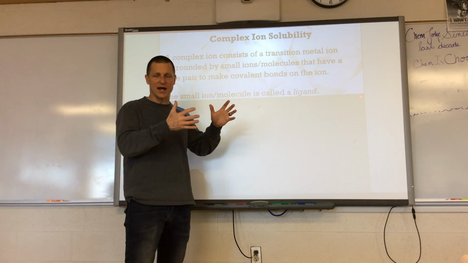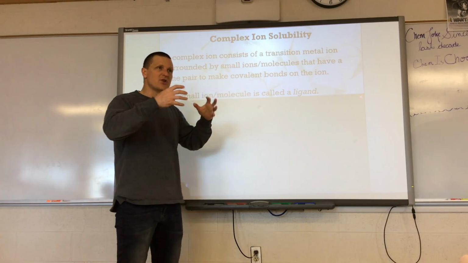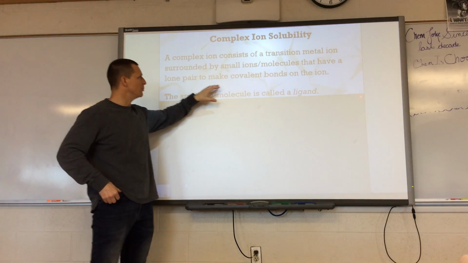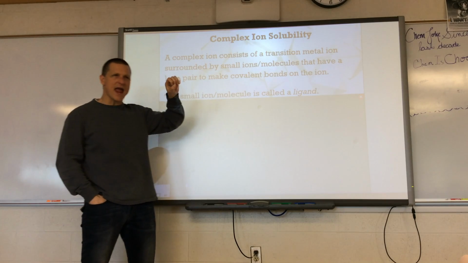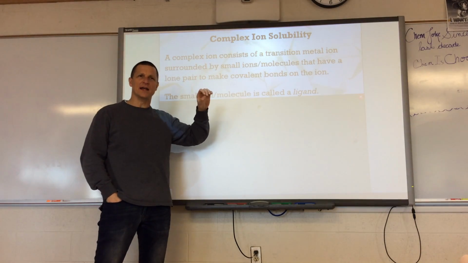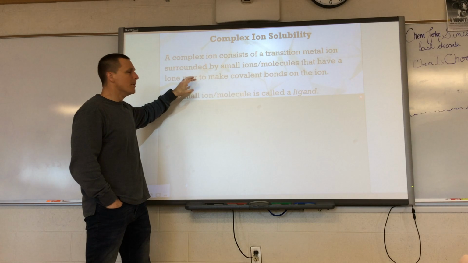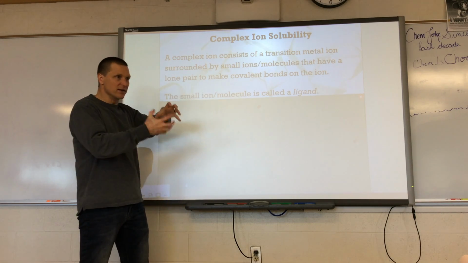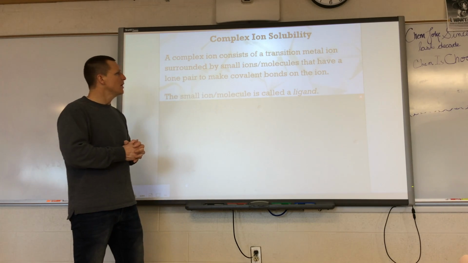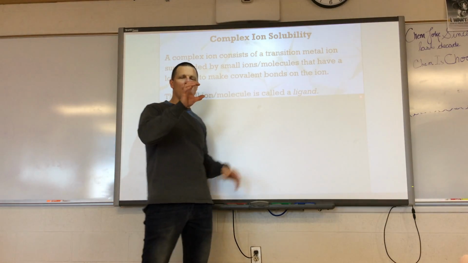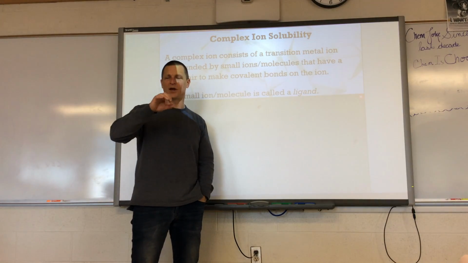It can't be neutral. It'll be attracted to something that has a lone pair. A small atom, molecule, or ion that has a lone pair on it would be attracted to it, and it'll actually stick to it. There is a name that we give to that small molecule that has a lone pair. We call that a ligand.